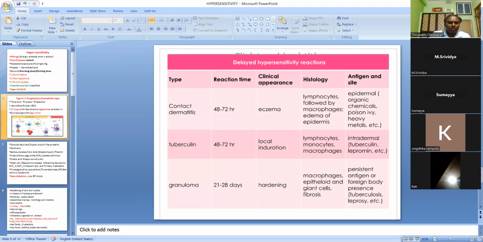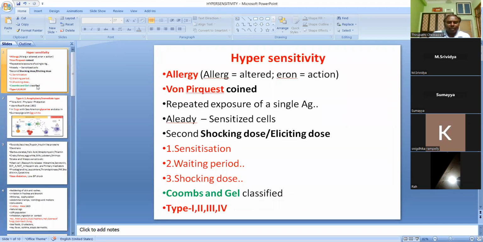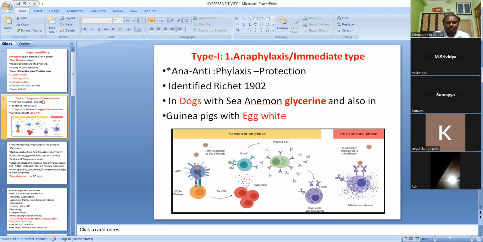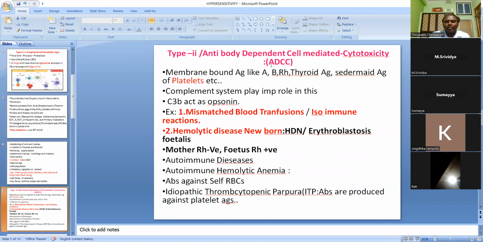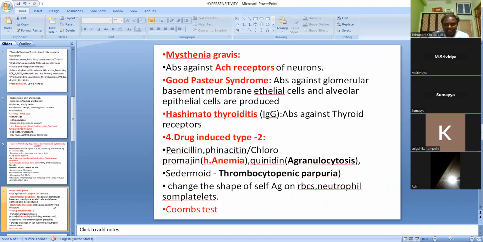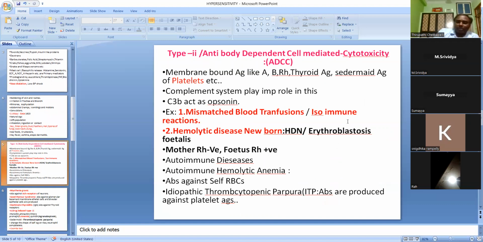What you should remember is type 1 anaphylactic reaction, also known as atopic fever or immediate type of hypersensitivity. That is type 1. And type 2 is antibody dependent cell mediated cytotoxicity, what we call isoimmune reactions, autoimmune diseases and drug-induced hypersensitivity, or erythroblastosis fetalis.